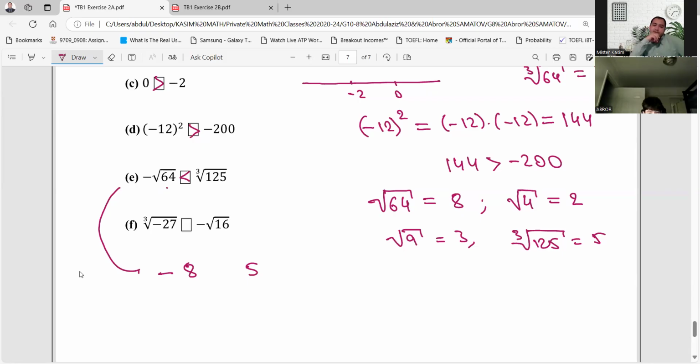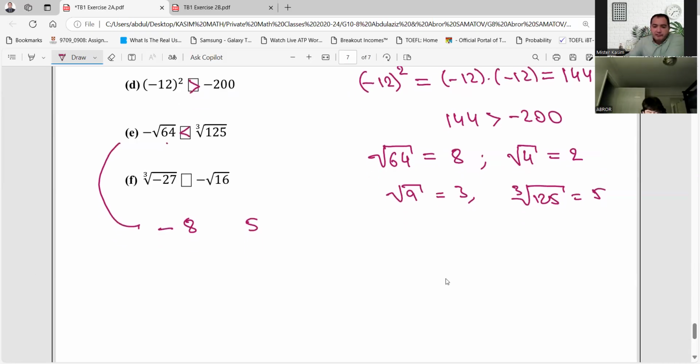And how about this one? What is the cube root of -27? It is -3. Why? Because -3 cubed is equal to -27.